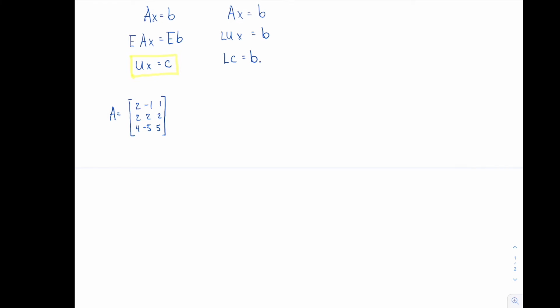And what we need is L. And in finding L, we'll get U. So that's what we're going to do: find U, which gives L. All right, there we go. So we're going to start with 2, 2, 4, minus 1, 2, minus 5, 1, 2, 5.